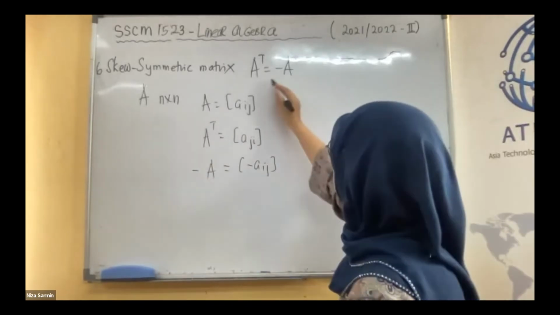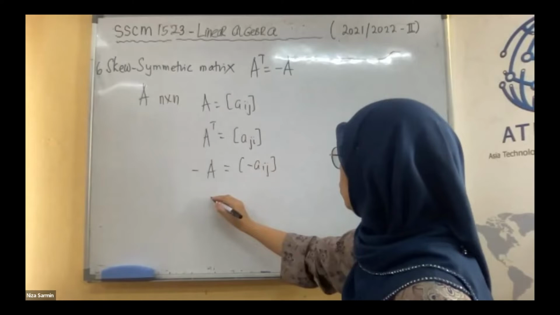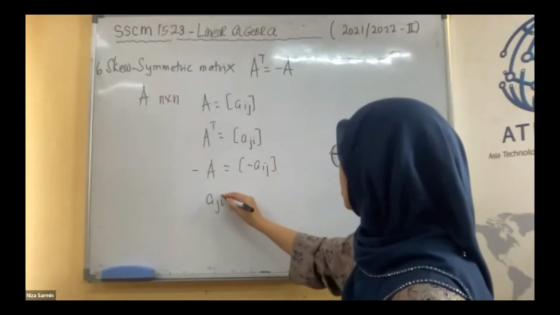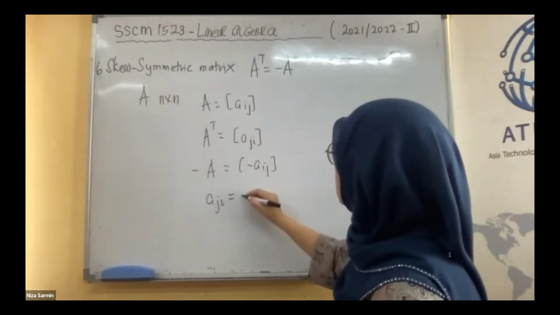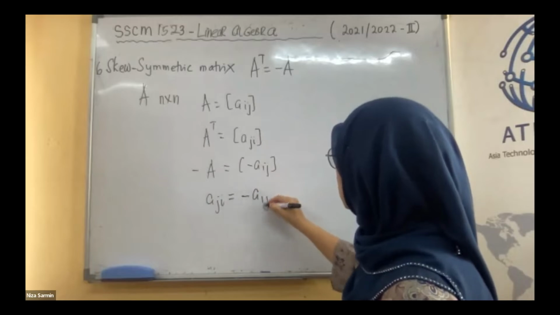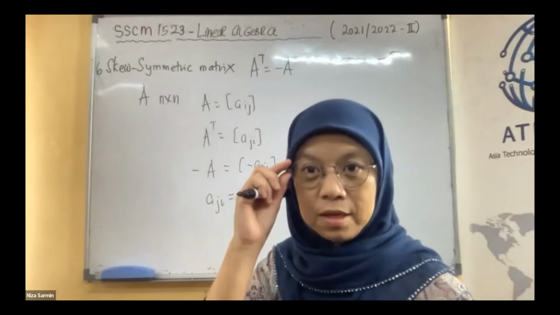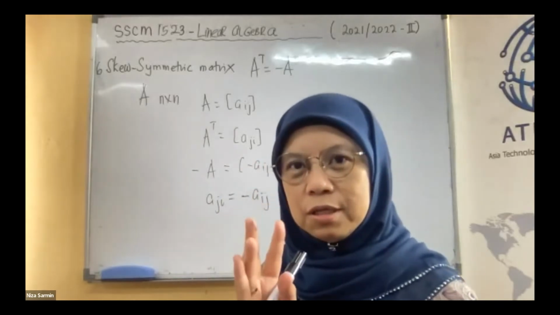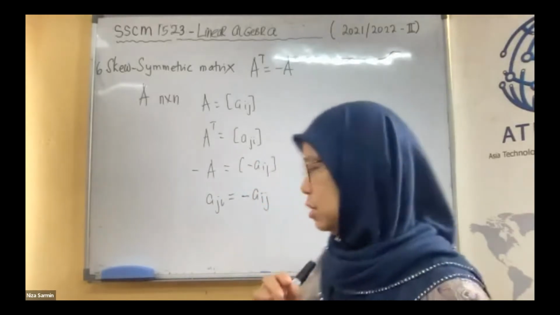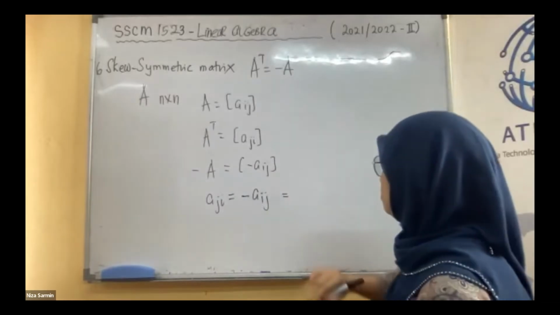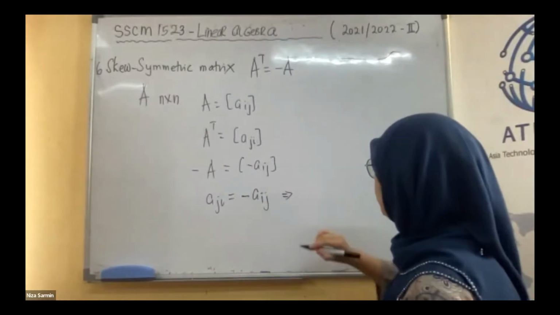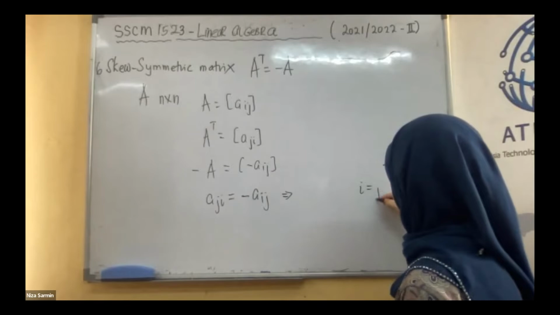To see that these two are equal, you write Aji is equal to negative Aij. So this is the matrix that we want to think about. What if i is j?